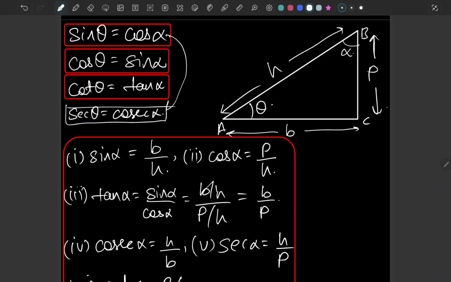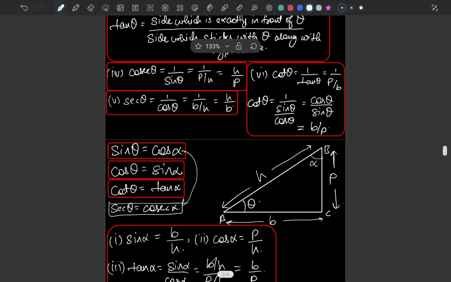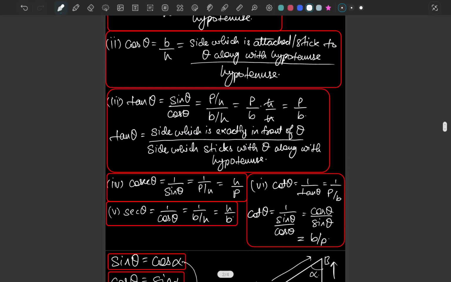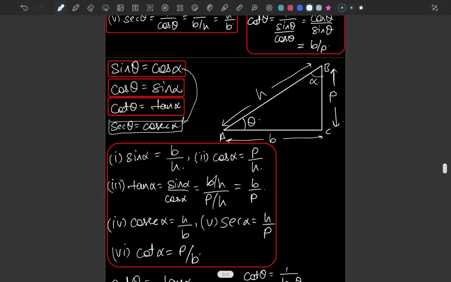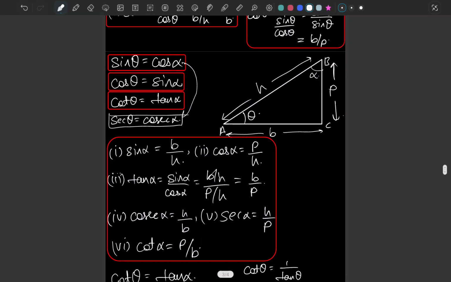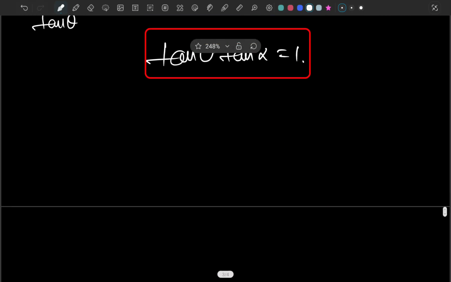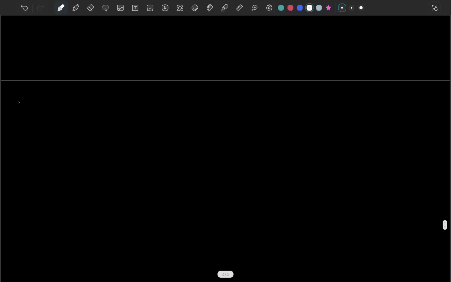Okay, now I think I should move on from these ratios and talk about something else. We have talked about the ratios so far, and now we are going to look at the proof of these three crazy things. The first one is sine squared theta plus cosine squared theta equals 1.